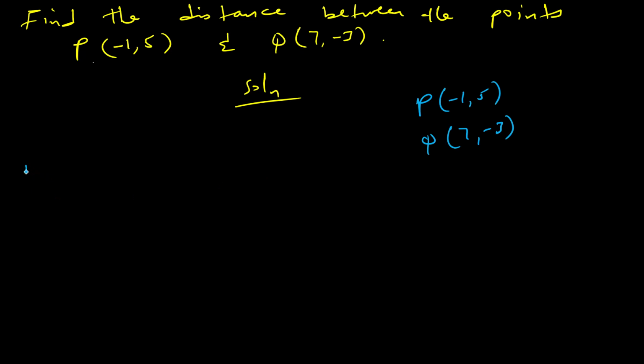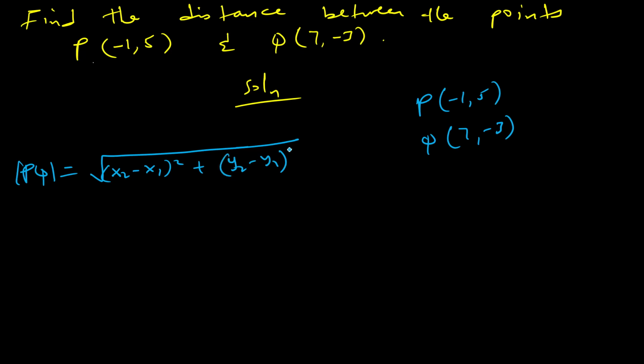So length PQ is giving us the change in x squared, that is x2 minus x1, plus the change in y squared, y2 minus y1 squared.